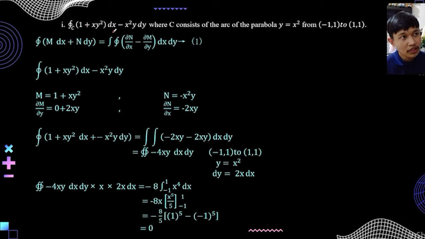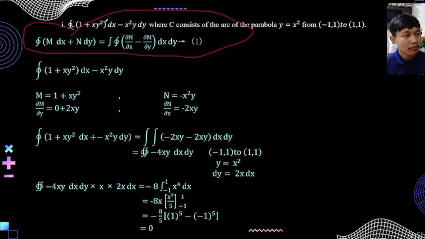So we go to the example solution for question 1. Firstly, we write the general equation of Green's theorem. After that, we compare the general equation and the question given, so we get the values of M and N. We get the value of M equal to 1 plus xy squared, and the value for N is negative x squared y.